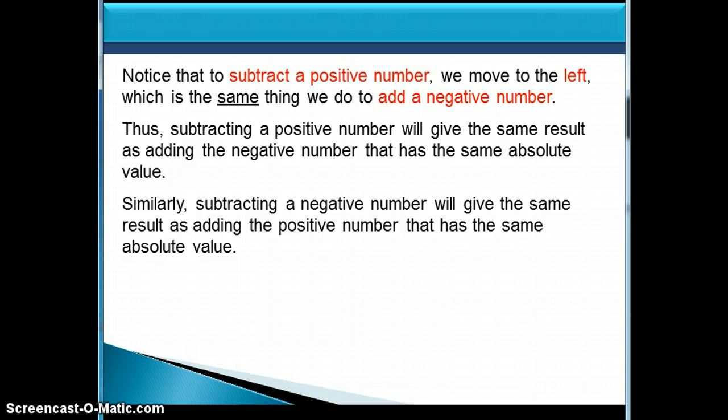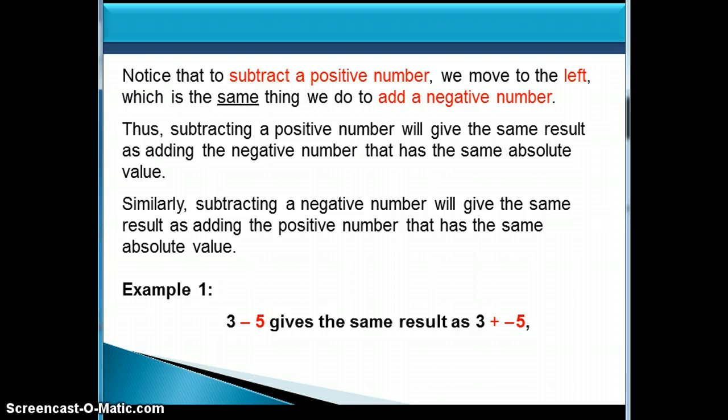Similarly, subtracting a negative number will give the same result as adding the positive number that has the same absolute value. So for example, 3 minus positive 5 gives the same result as 3 plus a negative 5. In other words, 3 minus 5 is equal to 3 plus -5.